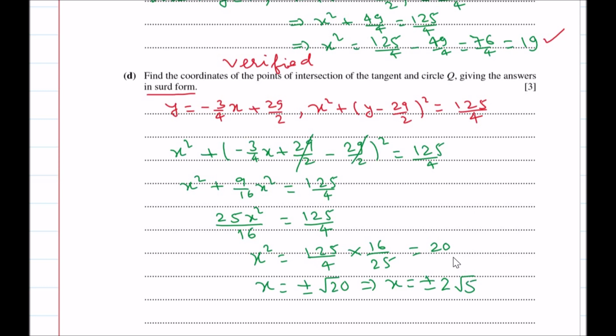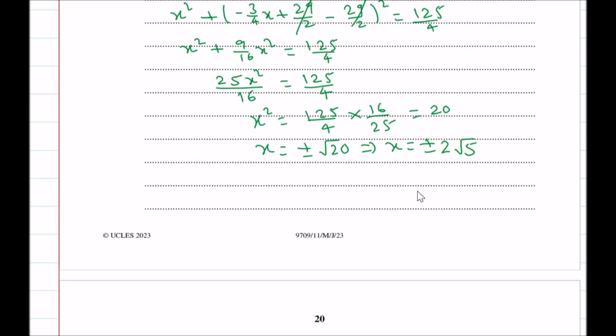Okay, so the x coordinate we have. Now we need to find the y coordinate. So let us find the y coordinate. y equal to, we have minus 3 by 4 into x. So minus 3 by 4 x. In place of x, we'll put plus minus 2 root 5 and plus 29 by 2.